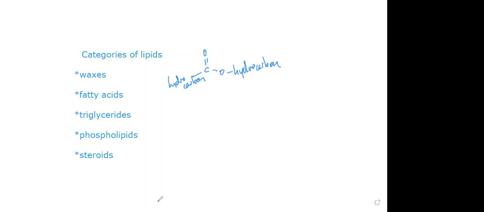In total, we end up getting somewhere between 14 and 30 carbons in the whole thing. If we're thinking about our fatty acids, like stearic acid, oleic acid, palmitic acid, whatever the case may be, you've got 14, 16, 18 carbons in this acid.